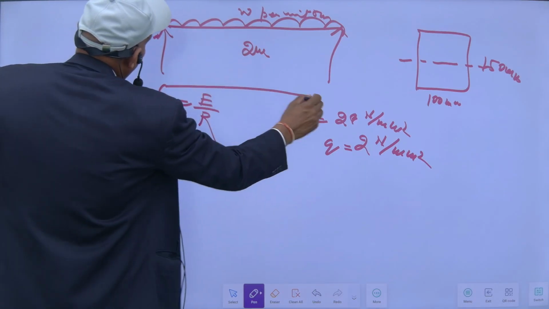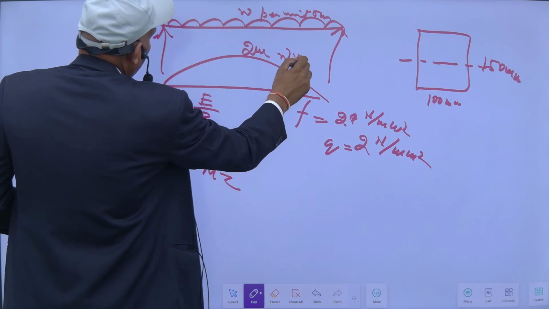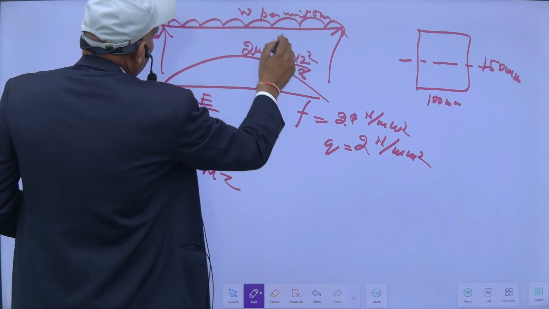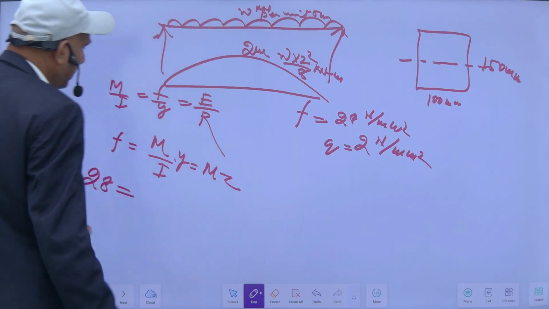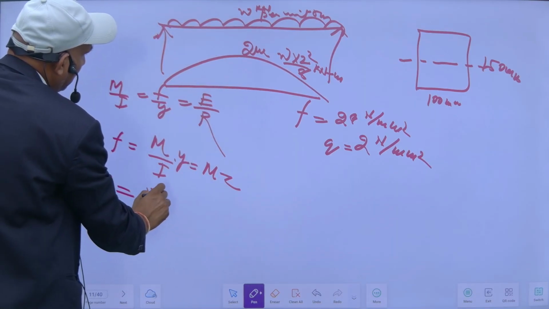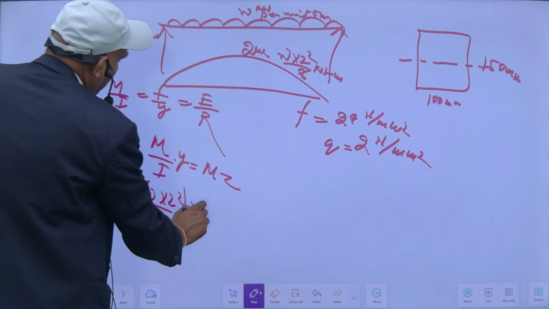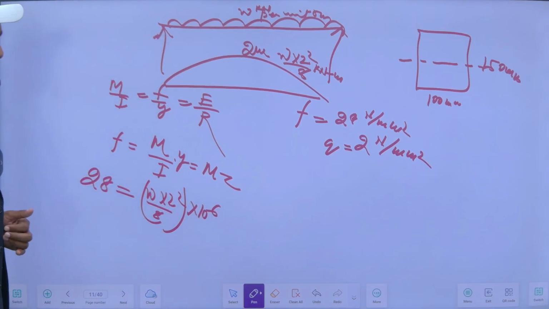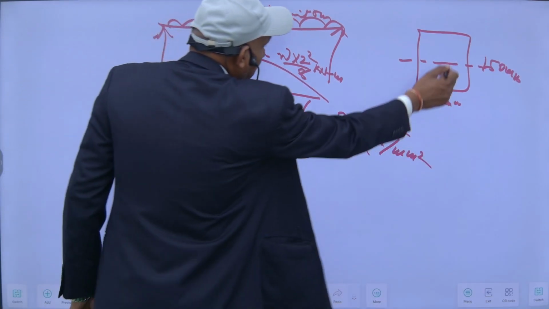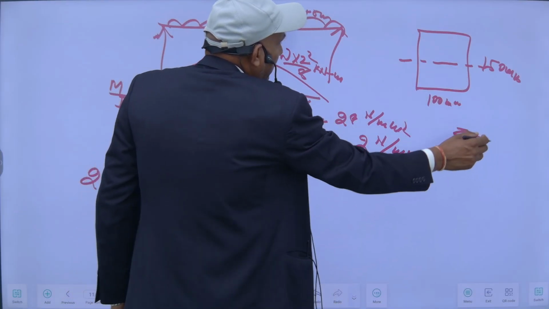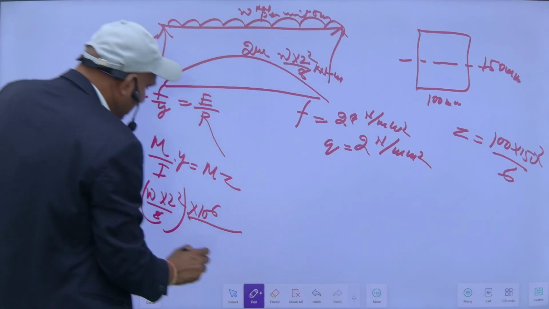Its bending moment will be maximum here. So it will be W into L square by 8. This will be in kilonewton meter. So M is equal to W into 2 square by 8 in kilonewton meter. This is M divided by Z. Z is the section modulus. Section modulus of this is equal to B D square by 6.